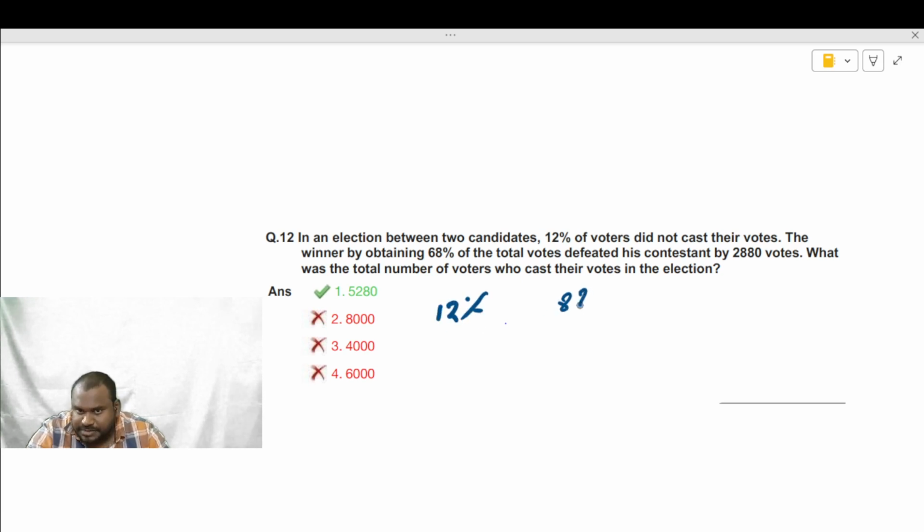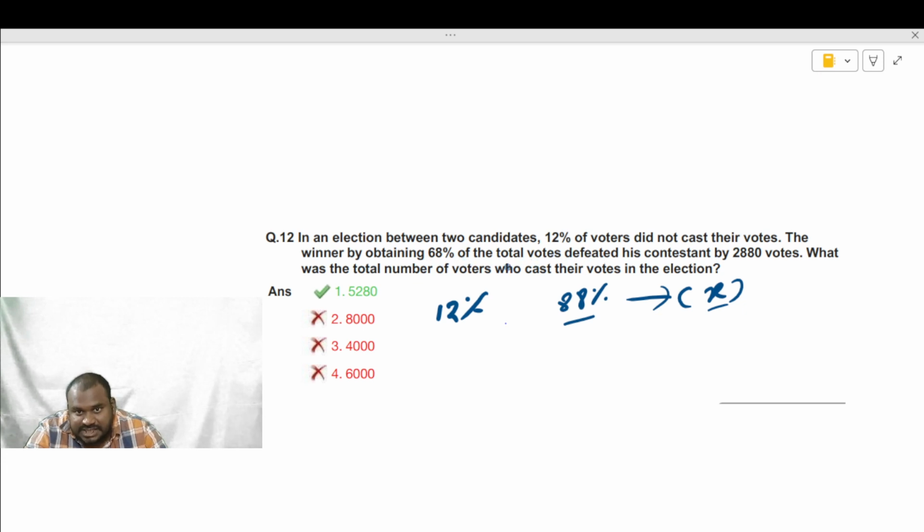It means 88% voted. 88% of total votes. Total votes, suppose I'll assume it as X. Out of this total votes, only 88% people voted. 12% did not vote due to some reason. So keep it aside. So the winner obtained 68% of the total votes and defeated his contestant.